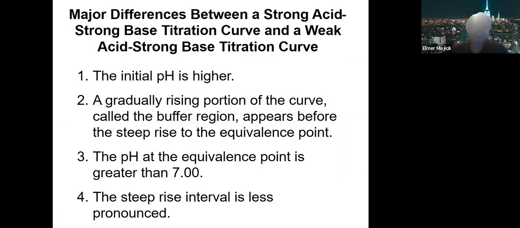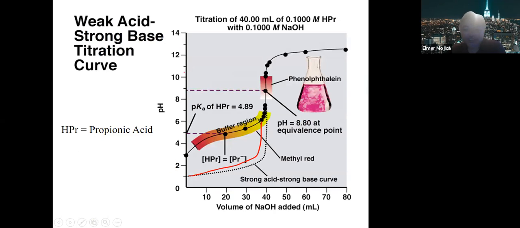If you look at the difference between the two, the initial pH is higher for a weak acid versus a strong acid. A gradually rising portion of the curve called the buffer region appears before the steep rise at the equivalence point. The pH at the equivalence point is greater than 7, and the steep rise interval is less pronounced. As you can see here, it's not as pronounced as the one you have in strong acid, strong base.